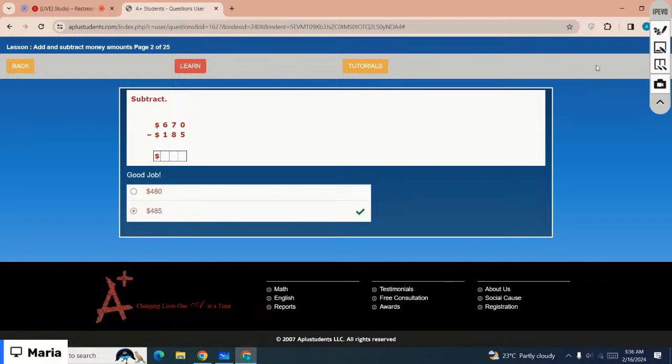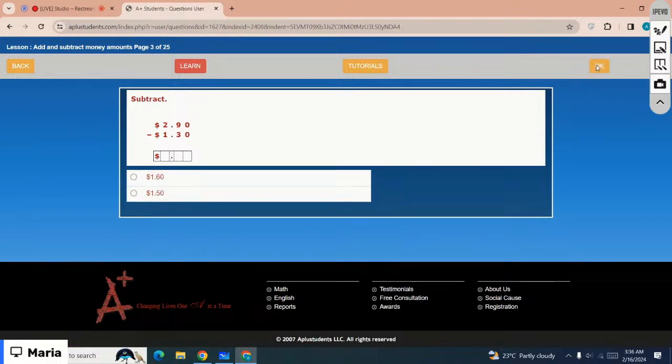Subtracting money is exactly the same as subtracting numbers, because money is also a number. Now subtract 2.90 minus 1.30. Which is the correct option? That is 1.60. Option number 1 is the correct option.